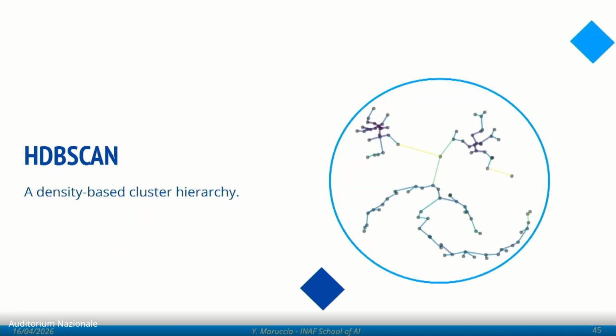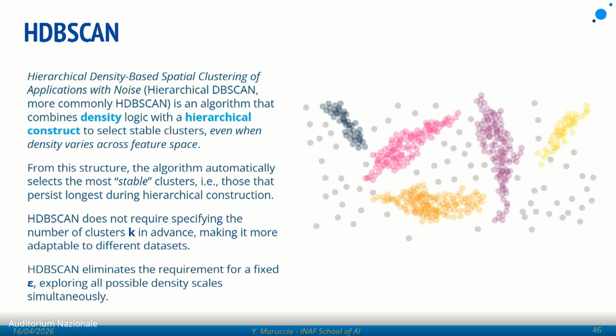And so here comes the solution, that is HDBSCAN, the hierarchical density-based spatial clustering of applications with noise. What this algorithm does is combine the density with the hierarchical construct to select the stable clusters, even when the density varies.